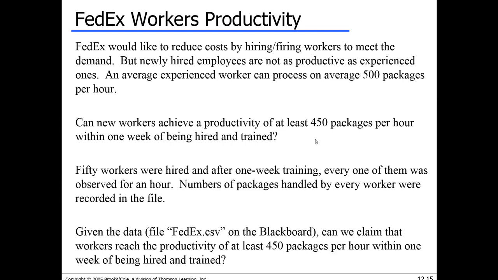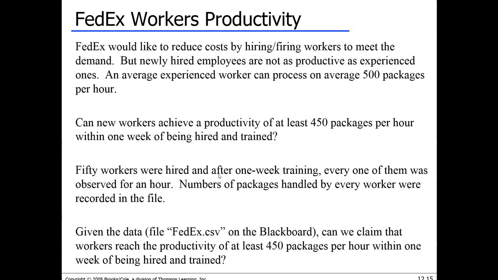How can we find out if on average newly hired people after 1 week of training do 450 packages per hour? We can't possibly track every single one of them, right? It's just too much data collection. So therefore, they settle for, not surprisingly, a sample.